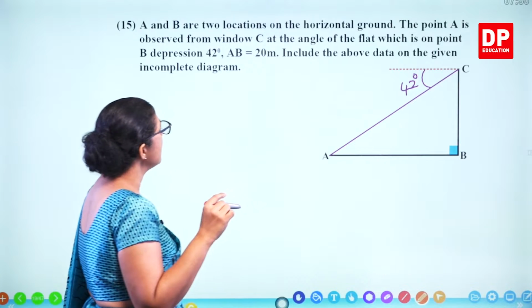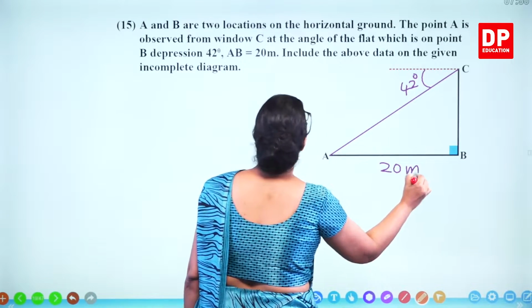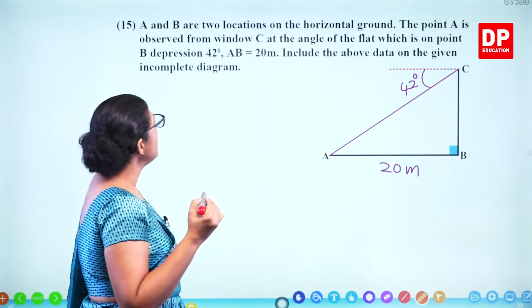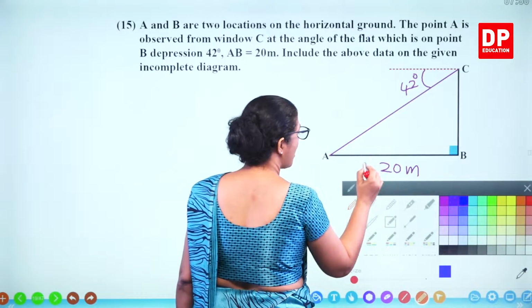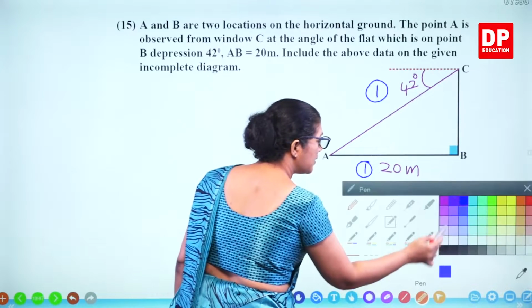AB is 20 meters. Include the above data on the given incomplete diagram. So this is how you can show. 1 mark to show the distance here and 1 mark to show the angle.